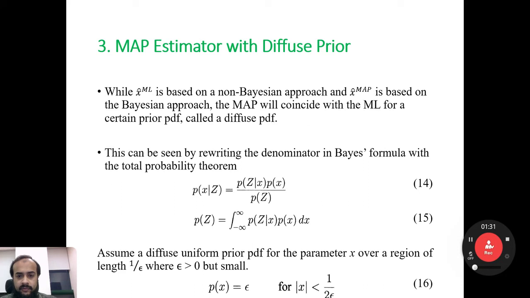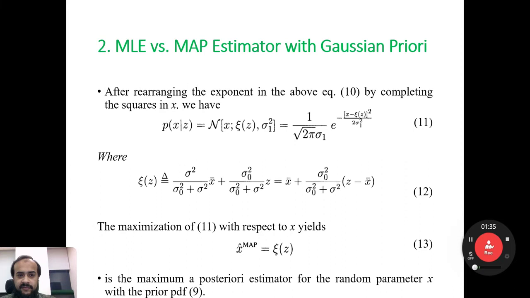So the basic main difference between MLE and MAP is that MLE does not know the prior distribution P of X, and it just finds the maximization of the likelihood function, and the MAP knows the prior distribution P of X, so it uses the Bayes theorem.